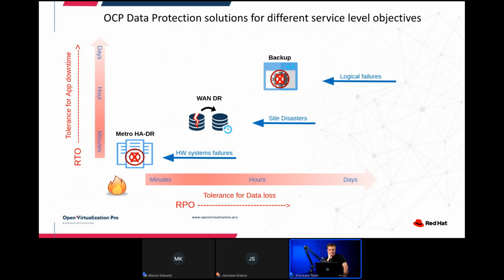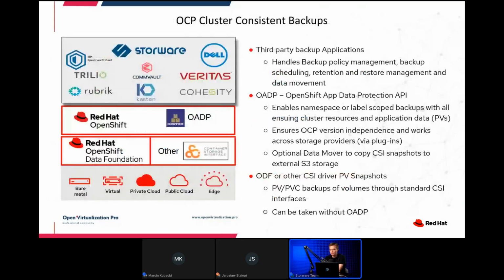Okay, so how does OADP fit into the overall architecture? What does the general architecture look like for OADP? Yeah, so OADP, like the majority of functionalities in OpenShift, is developed and provided as an operator.